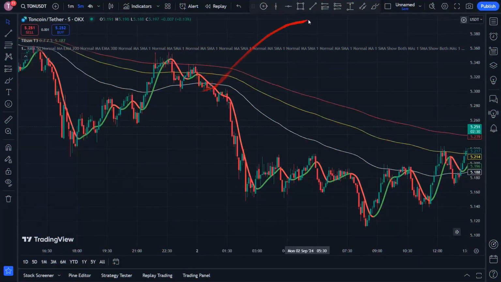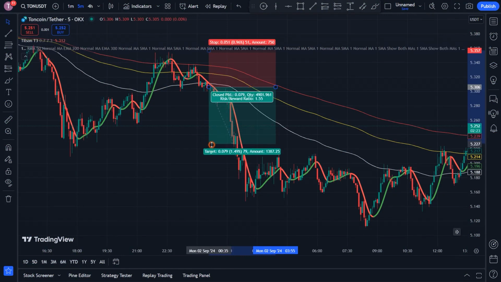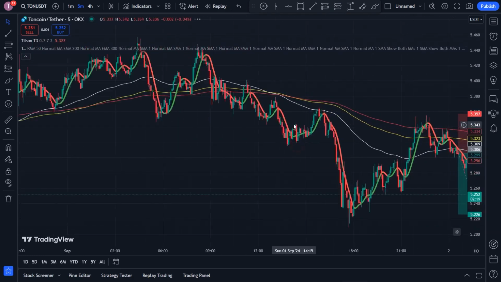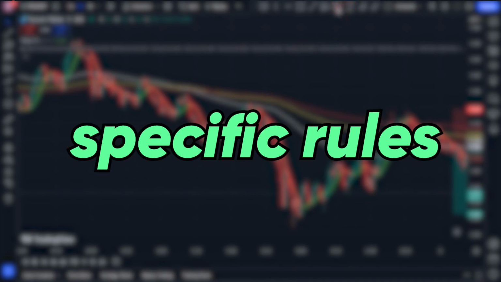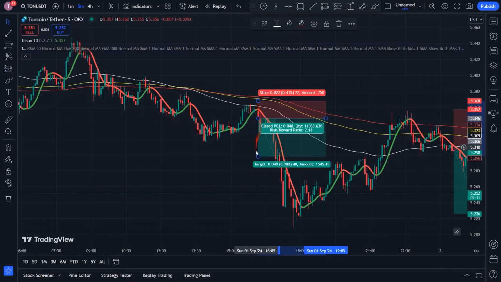Now that you are familiar with the details of this strategy, it's your turn to take action and make the first step toward improving your trades. Always remember that success in trading requires patience, practice, and adherence to specific rules. If you follow these principles, you will soon experience positive results.